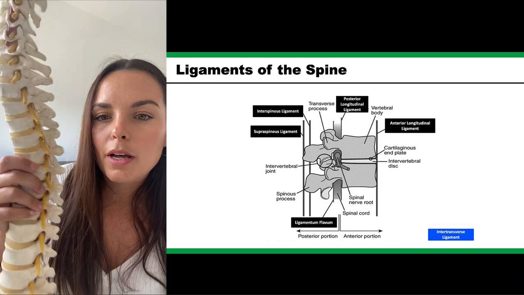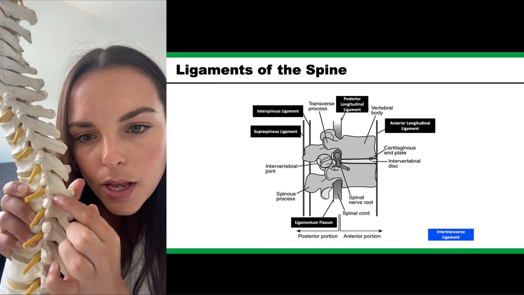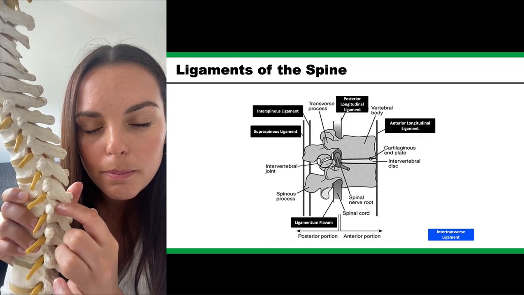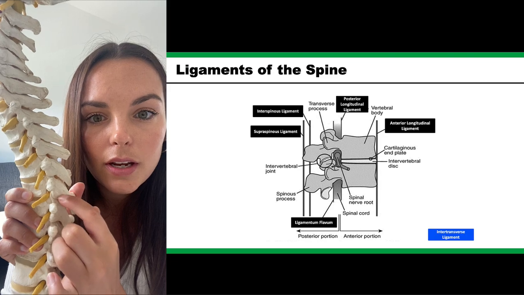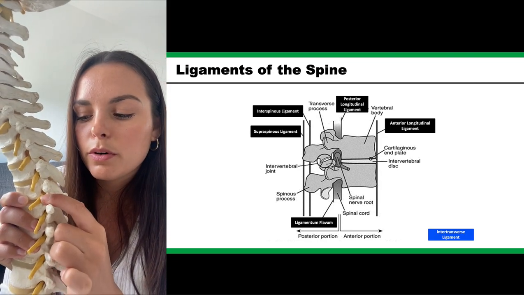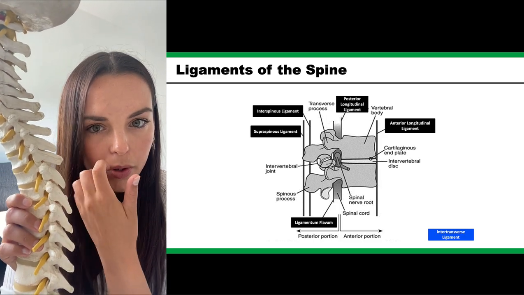So we know where each vertebra meets right here, as you can see there. It's where that superior articulating facet meets the inferior articulating facet of the adjacent vertebra, and this joint is called the zygapophyseal joint, or some people call it the facet joints of the vertebral column.